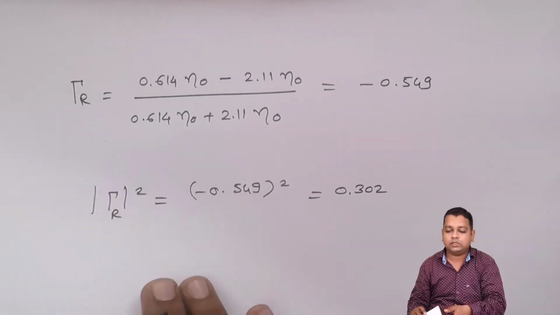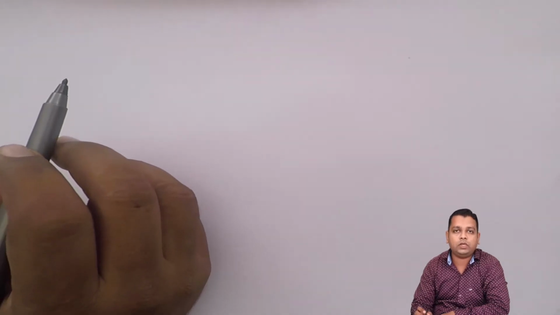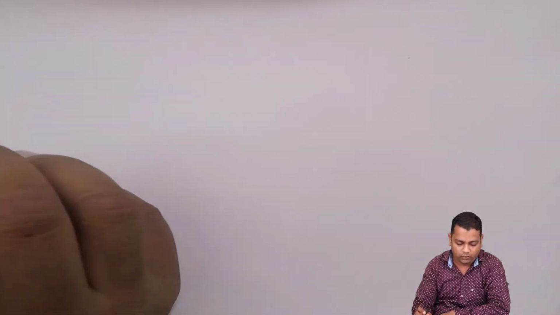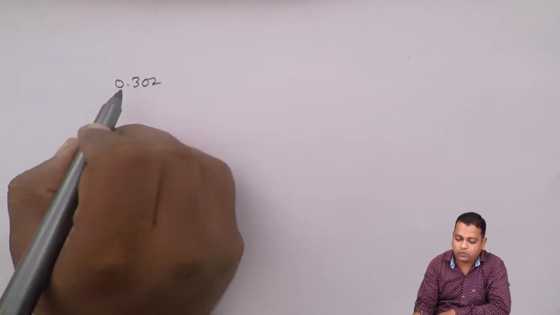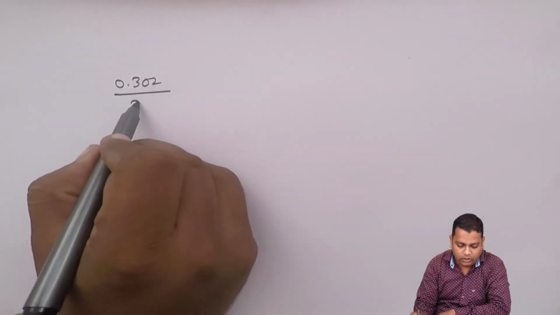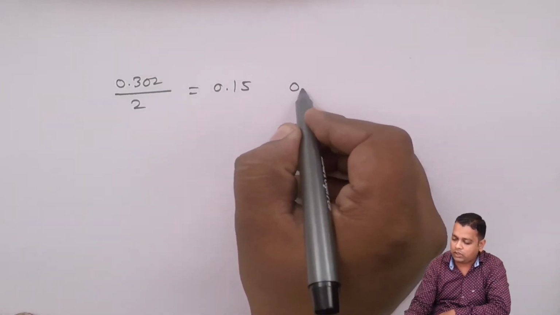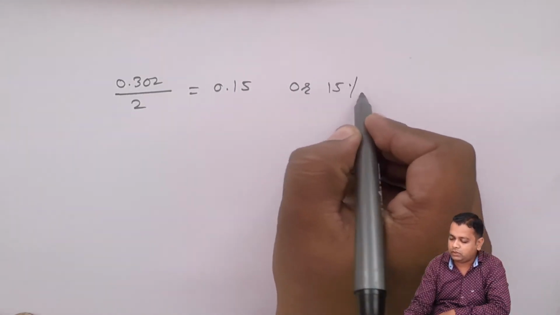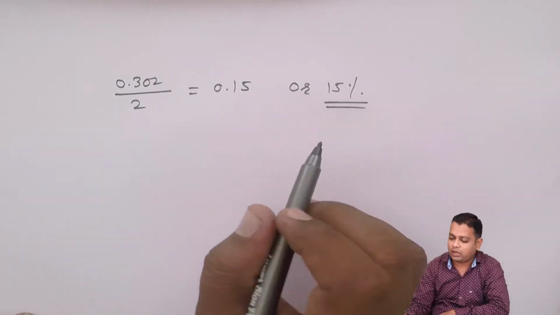Now, since the wave is right circularly polarized, the S polarized component will be one half of the total power. Therefore, 0.302 divided by 2 gives the value 0.15, or we can say that 15% of the wave power is reflected for S polarized.